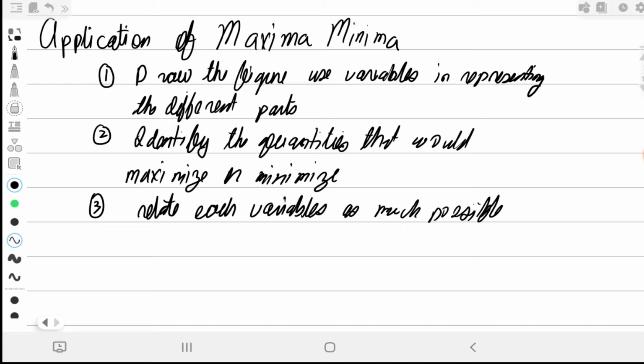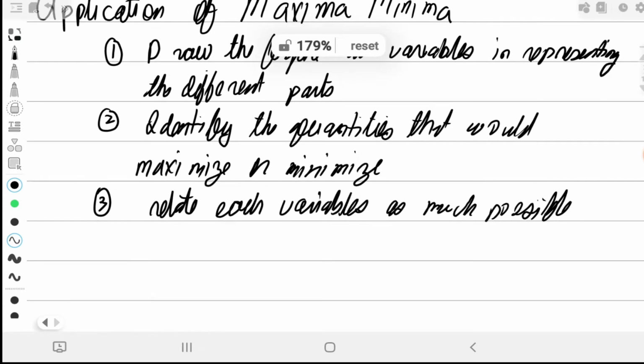Because you cannot maximize both variables. Okay? So there will be one variable to be maximized and the other will depend on the value of that maximized variable. And then, number 4, after relating each variable as much as possible, okay?